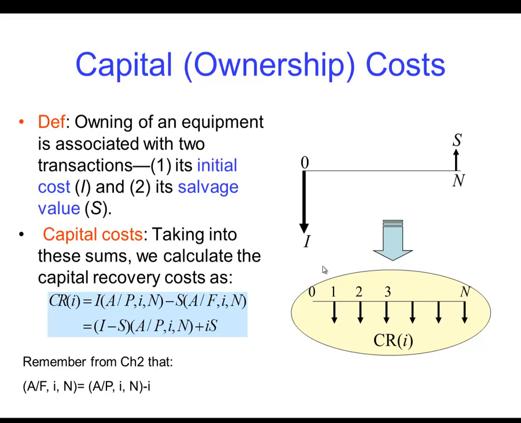The initial cost is a present value, while the salvage value is considered a future value. Salvage is a future value because it happens in the future, while the initial cost is a present value. So I is present here, while S is future value.